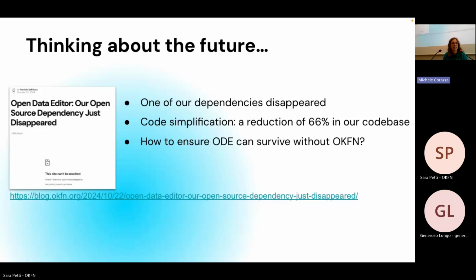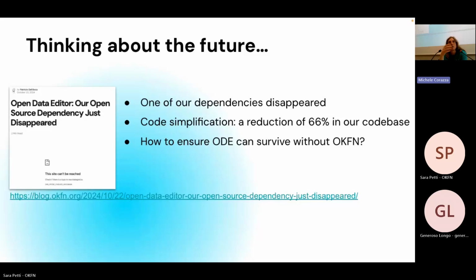So we're using this open source library on GitHub, and 2 weeks before the big release, it was gone and nowhere to be found. It's not something that is unheard of, things like this happen, but it really made us realize how fragile the whole infrastructure that we're using was. And actually, our tech lead, Patricio Del Bocca, wrote a very nice rant about it that I would definitely encourage you to go and have a read.